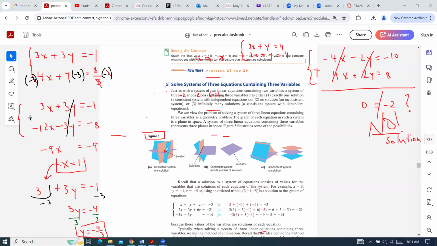Sometimes they intersect, in fact in most cases, only at one point, and that's called the solution. But to graph it is pretty difficult, and that's why we don't graph. But this picture gives us intuition of what this is going to look like. So there could be one point of intersection, or it could be like an open book.